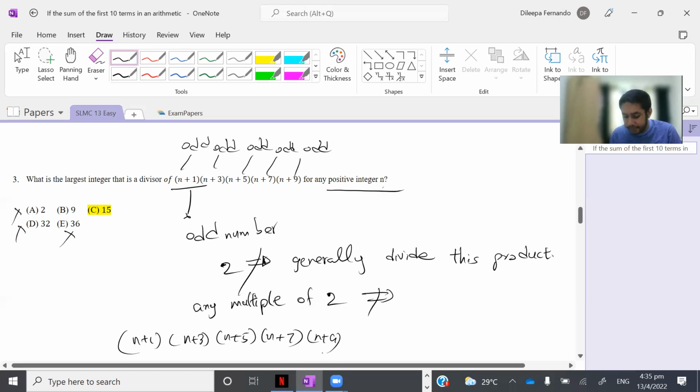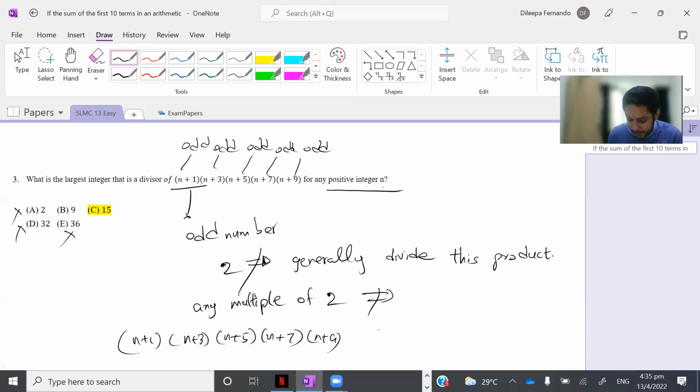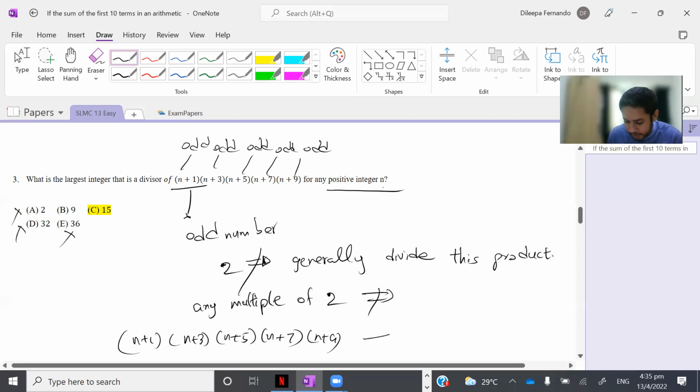And since there are 5 numbers, we can always find a number here which is divisible by 5. So that can be n plus 1, that can be n plus 3, that can be n plus 5.